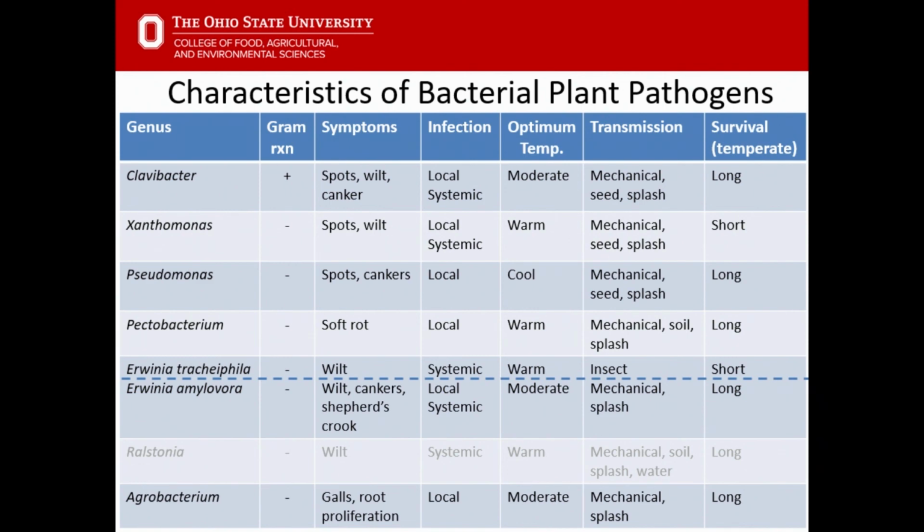Most of the bacteria survive more than 1 to 2 years in plant debris, and some also survive in water and soil. Most Xanthomonas species are relatively short-lived in plant tissue, soil, and water, usually less than a year.